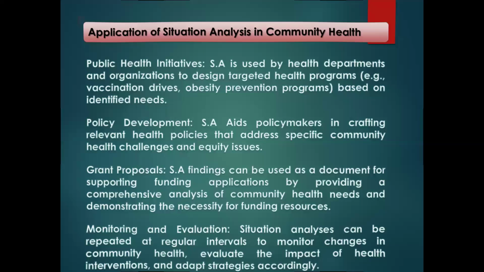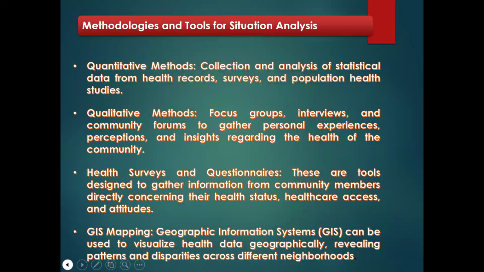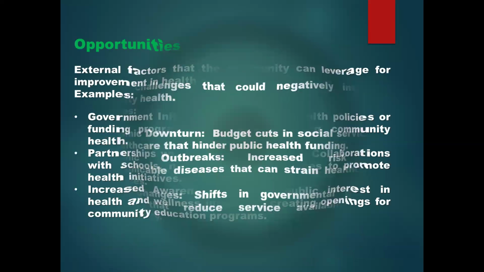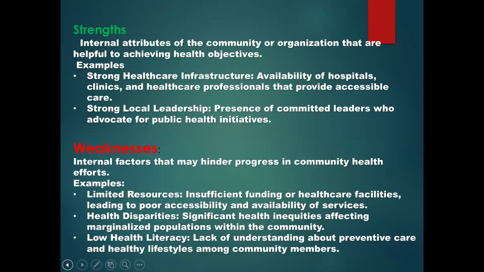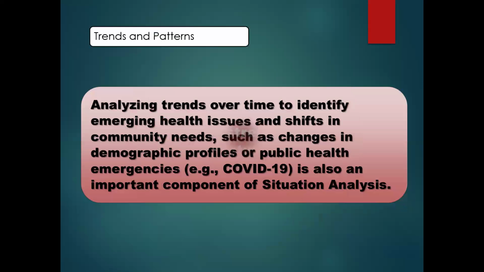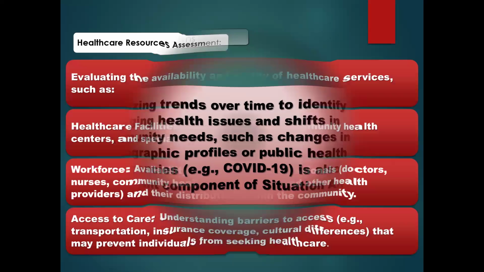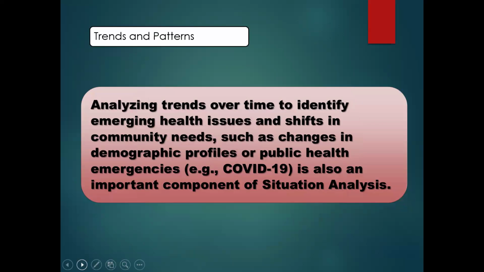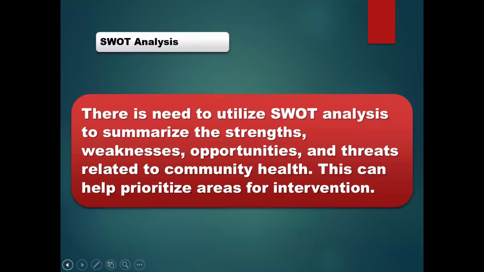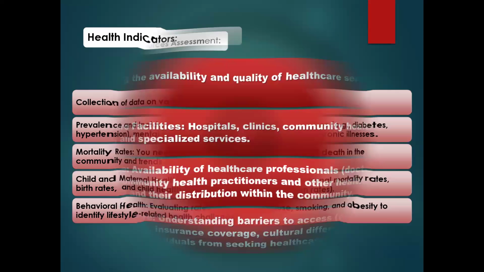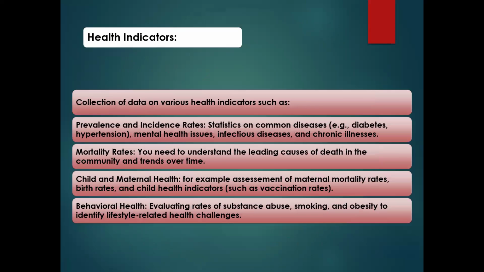So with this, we have come to the end of situation analysis in community health. We've looked at the likely components of situation analysis: you look at community profile, the healthcare assessment result, healthcare resources assessment, trends and patterns, SWOT analysis, and health indicators or indices.